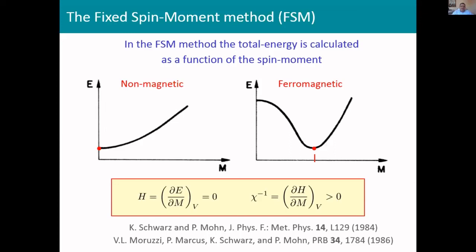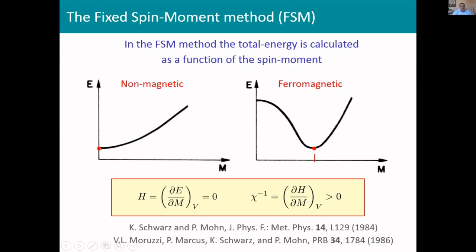Let me remind you that in the fixed spin moment method, from the practical point of view, we fix the total spin magnetic moment and converge the charge, and after that we change the value of the magnetic moment and recalculate the energy of the system, relaxing the structure also. In this case, we obtain a plot of the energy as a function of the magnetic moment.